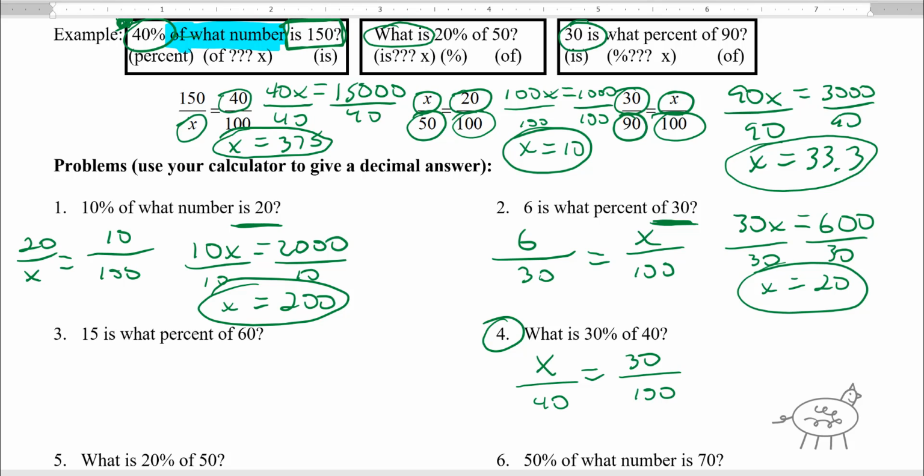You cross multiply: 100x equals 40 times 30, which is 1,200. Then you divide by 100. X is equal to 12. So what is 30% of 40? 30% of 40 is 12.